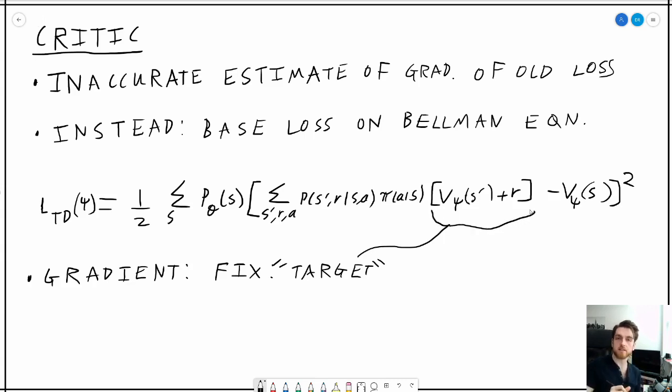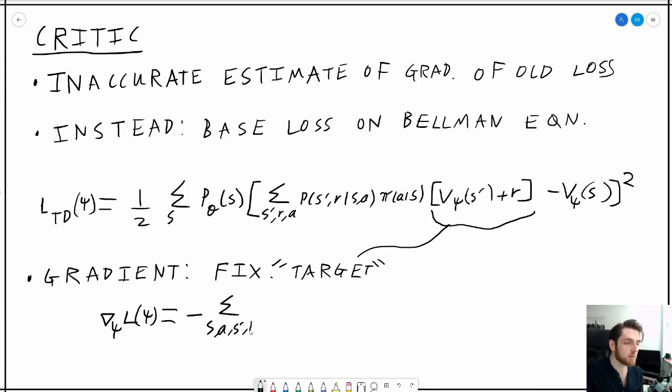So basically, it's going to say we're targeting what our current estimate for the next state was, and only varying the weights for the state that we're in. And this is called a semi-gradient method because we're ignoring the gradient of the target. And these turn out to be quite accurate in many situations, depending on the conditions that the algorithm is working in. We'll come back to that later.